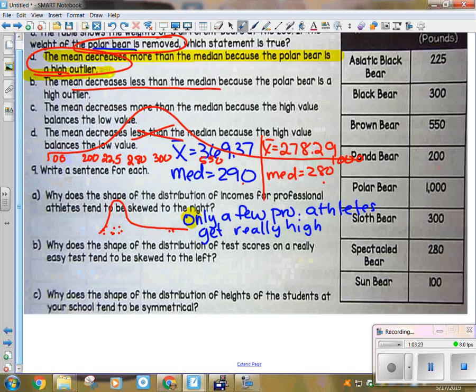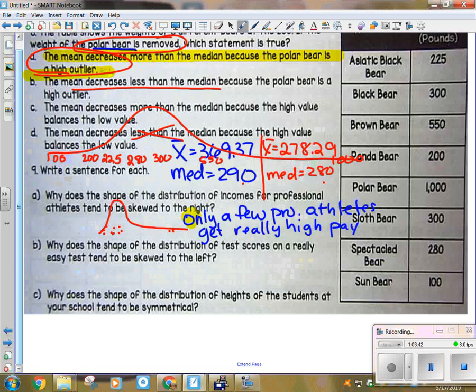So even though LeBron James is making multi-millions, there's only 1 or 2 players on a team who's making quite that much. Everybody else is probably getting just 1, 2, 3 million. Of course, millions of dollars is still millions of dollars, but they're not getting like 20 million. So there's only a few that get the really high pay.